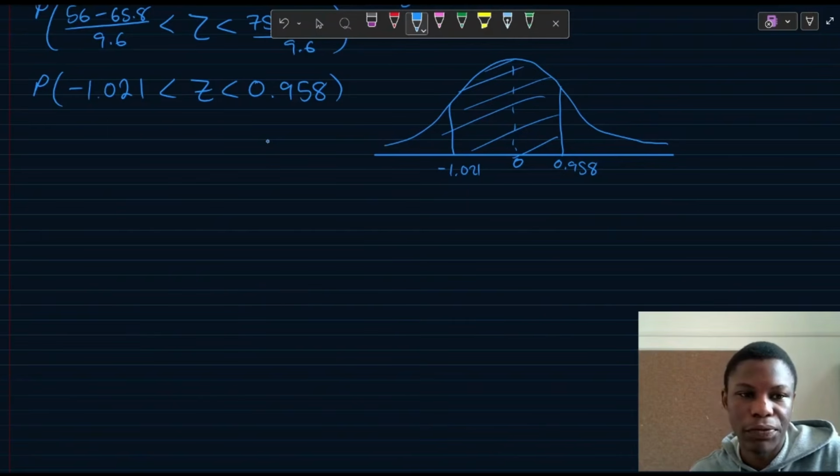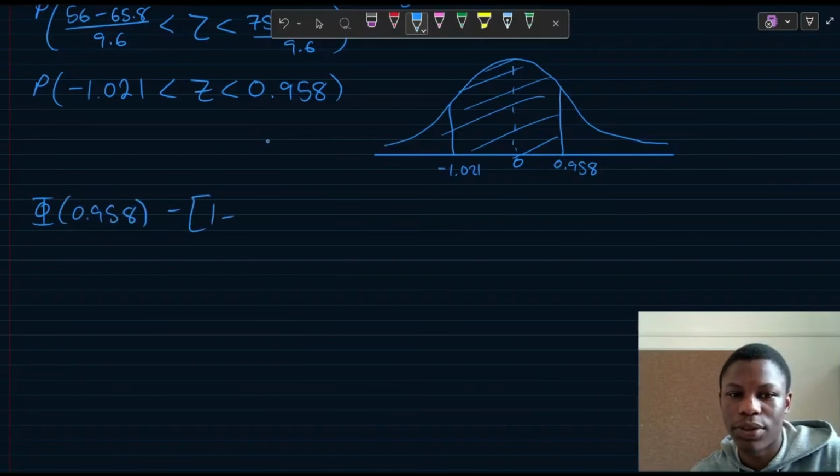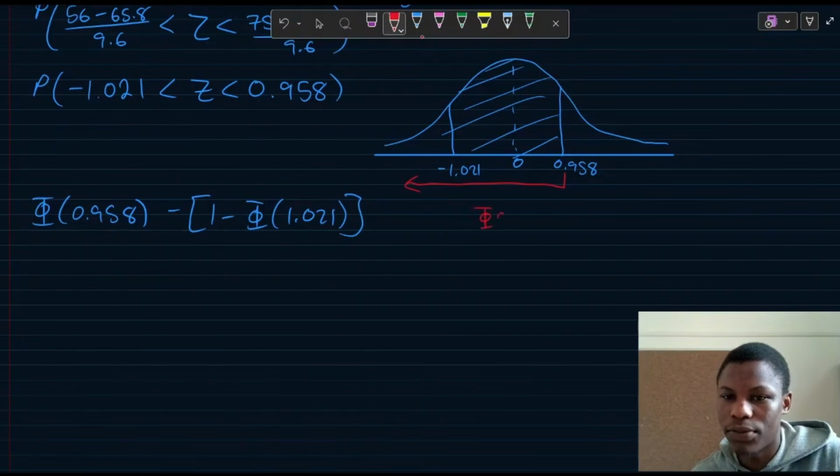So here, the formula that you get will be phi of 0.958 minus 1 minus phi of 1.021. But the idea here is that we're just saying the area to the left of 0.958, which is phi of 0.958, minus the area to the left of negative 1.021.